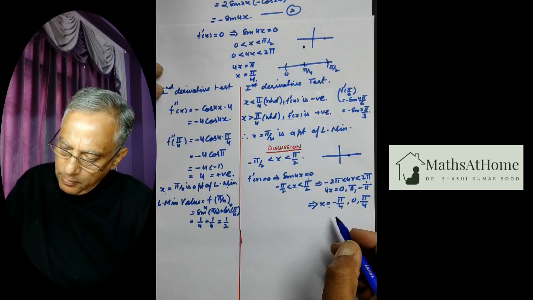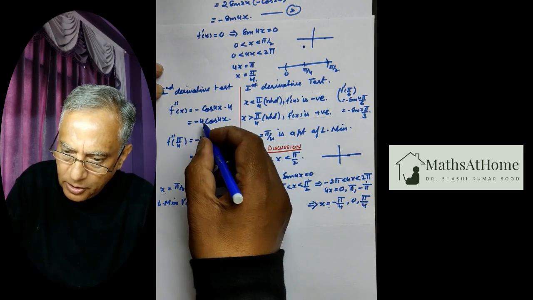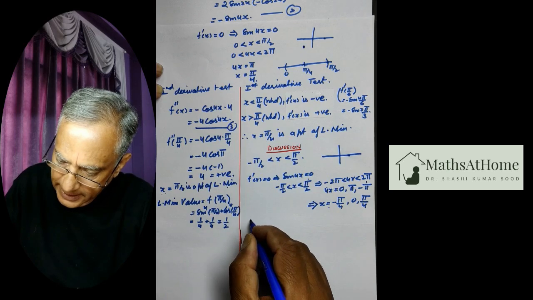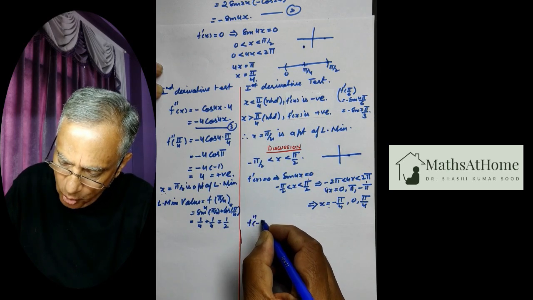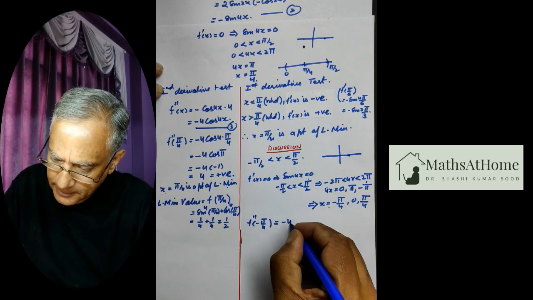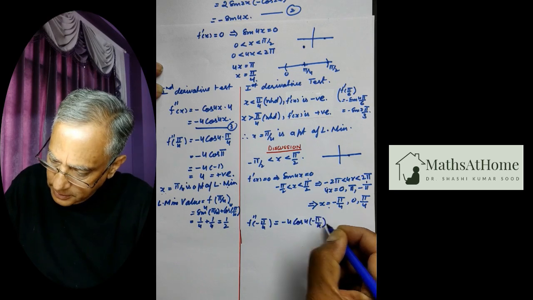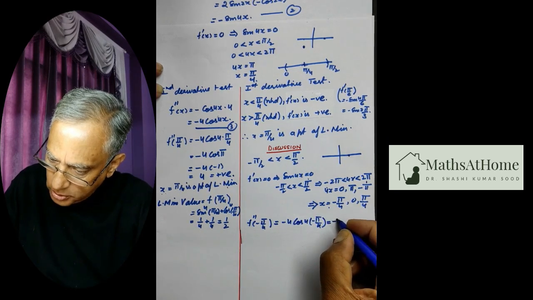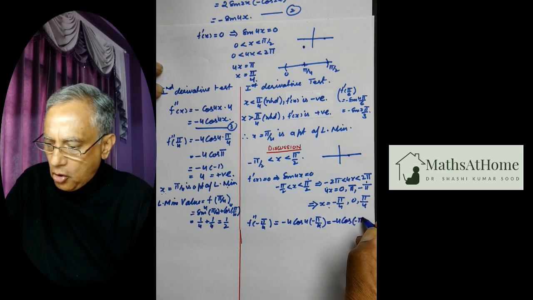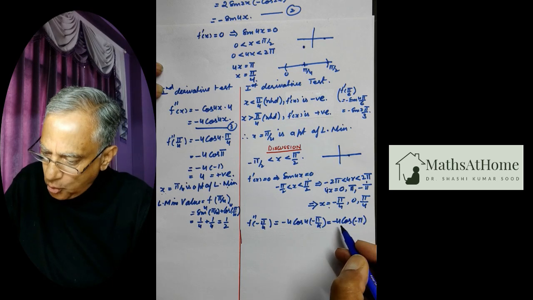At x equal to minus pi by 4, f double dash x. Say this equation as 3. From 3, f double dash at minus pi by 4 will be equal to minus 4 cos 4 into minus pi by 4. This is equal to minus 4 cos of, 4 cancels, we get minus pi. But cos of minus theta is cos theta, so this will be minus 4 cos pi.